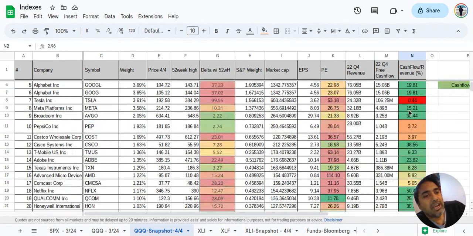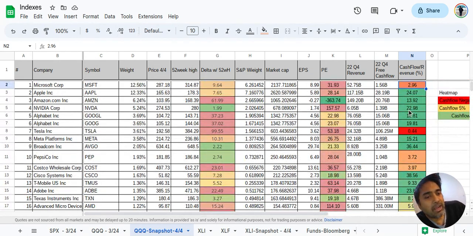Now I want to see which ones are higher. That means I want to capture the company which has the highest free cash flow in the last quarter as a fraction of the revenue, and then I want to see what their PEs and market caps are, right?